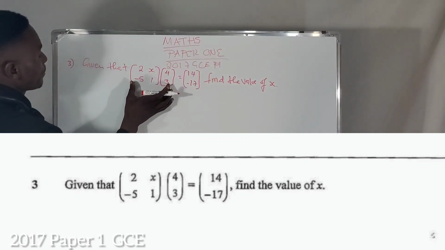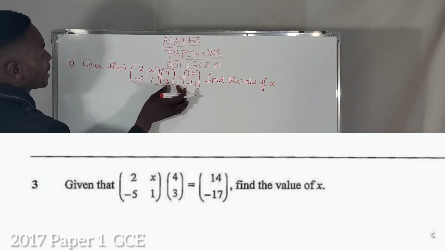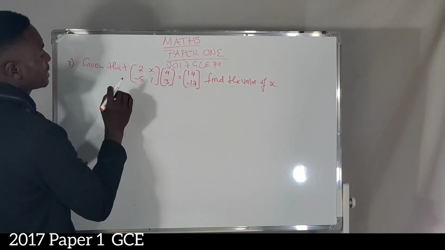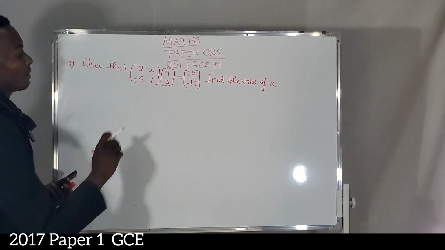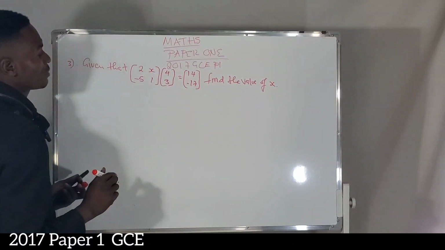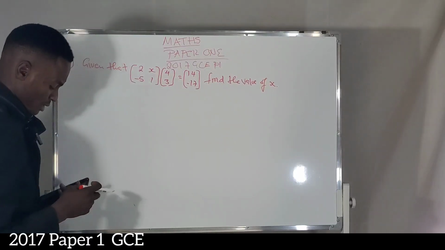Since this is a multiplication, you're multiplying this matrix times this matrix, giving us this. So they already multiplied. What they just did is to remove one value, which is x. So what you do to find the value of x, we are going to do the same. We're going to multiply this row. Let me use a different color.